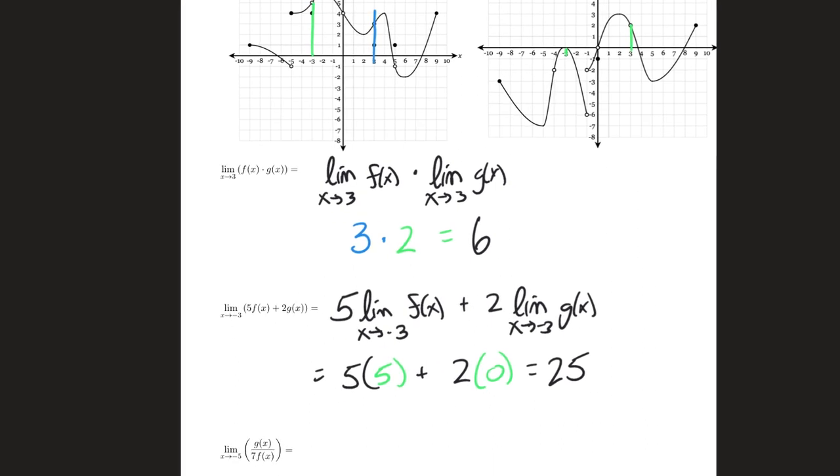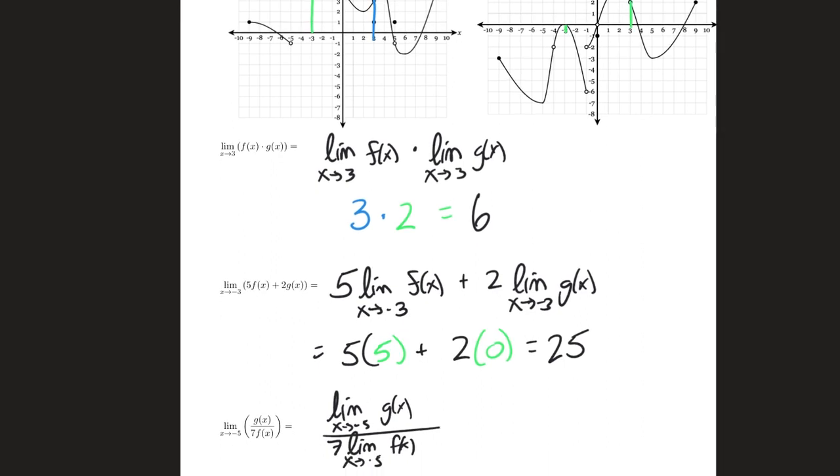And the last one, we have division again, so we can just separate this out. We have a limit on the top. And on the bottom, we're going to have a limit. We're going to bring that constant multiple out in front. And now we just need those values.